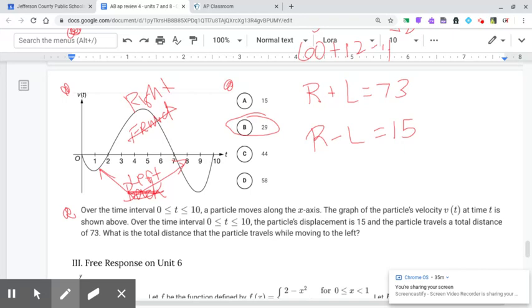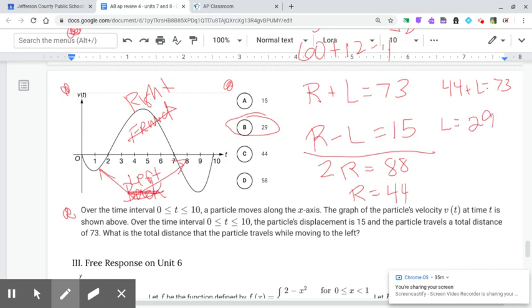Now, if I solve the system by, let's just go elimination, 2r equals 88, so r is 44. That's cool, but they said moving left, so I need to go back and find left. So if 44 plus L equals 73, then L is 73 minus 44, so that is 29. All right, cool.